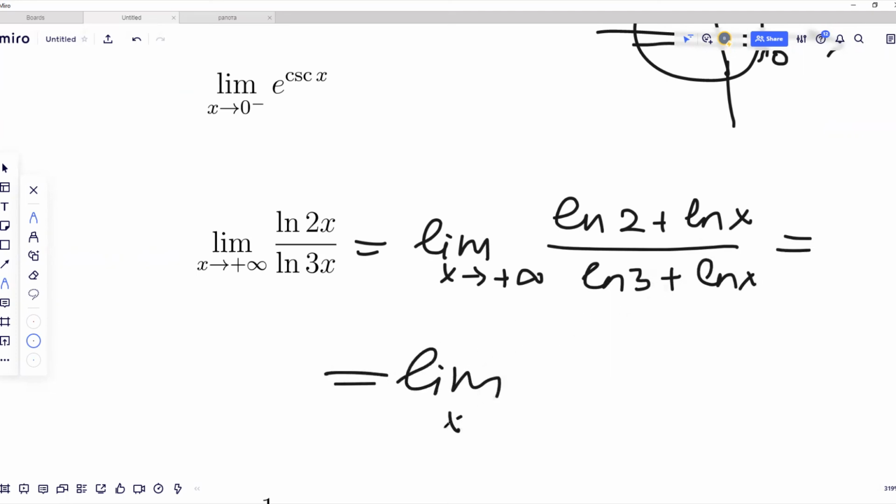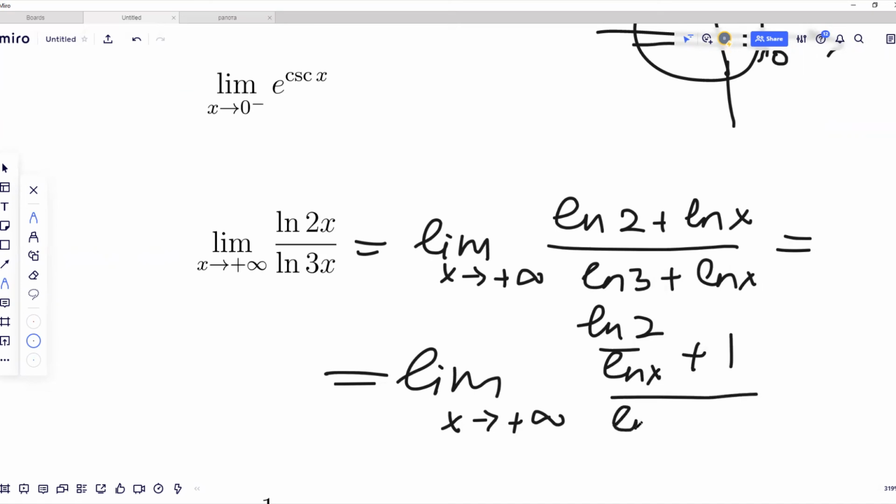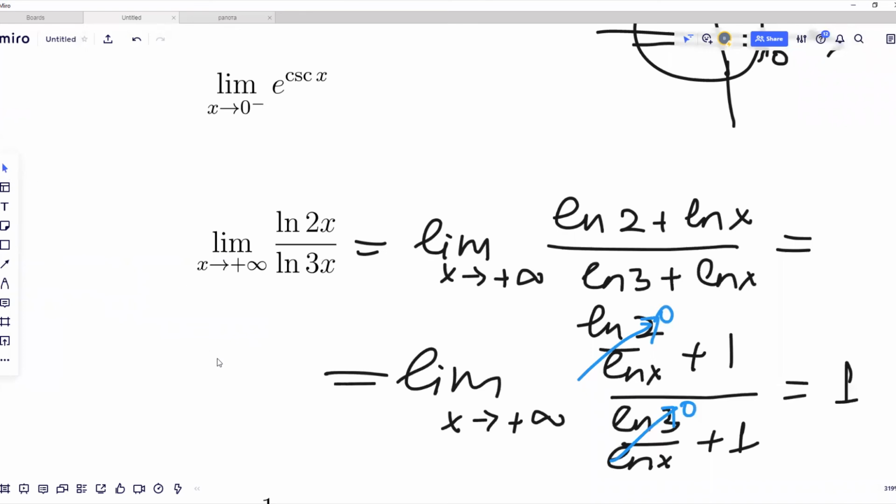So we'll end up with ln of 2 over ln of x plus 1, over ln of 3 over ln of x plus 1. So the answer is 1, since those two terms are going to disappear as x goes to plus infinity.